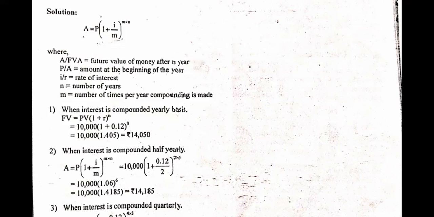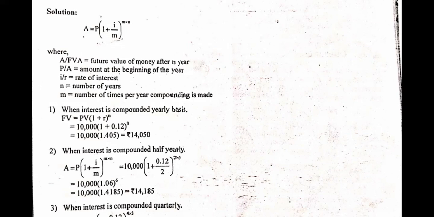So 1 plus 0.06 gives 1.06, raised to 2 into 3. m is the compounding, 2 times, into number of years, 3. So totally 6.